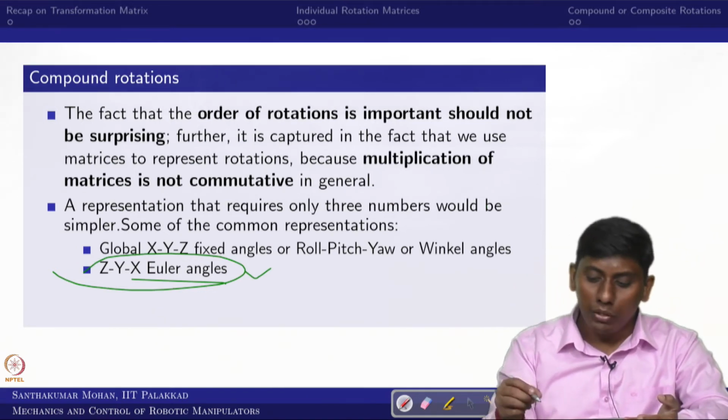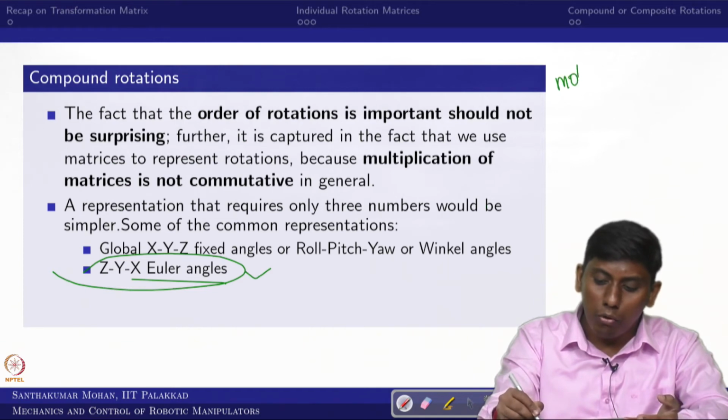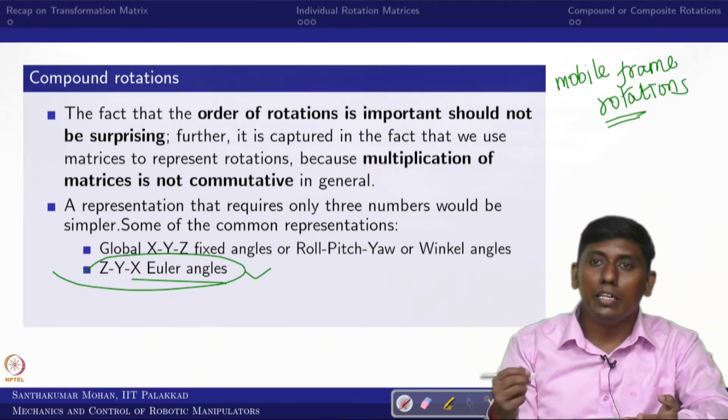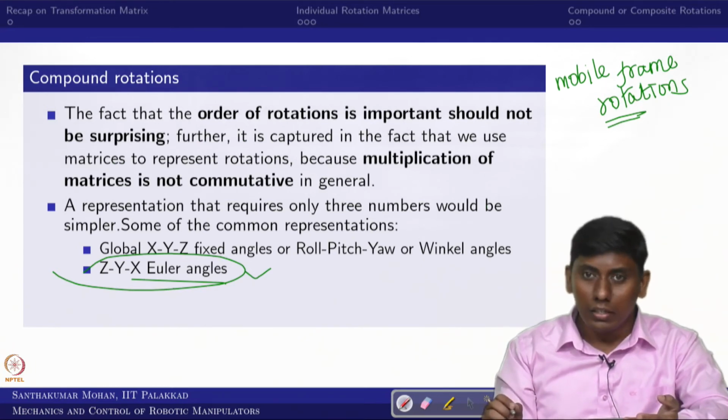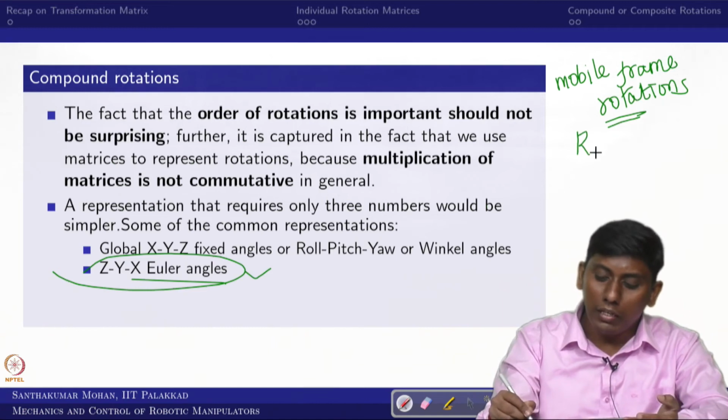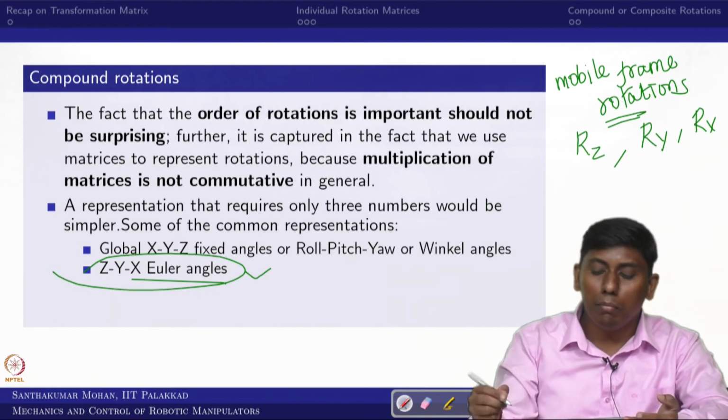So what does that mean? Euler angles all talk about mobile frame rotation, and in that case several conventions can come. We take one such convention: first we rotate about z, then about y, and finally about x.